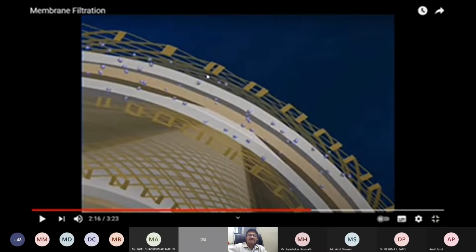You see that when the water is coming here, it passes through this membrane. You can see the membrane here, and when it passes through the membrane, it comes to the permeate spacer.